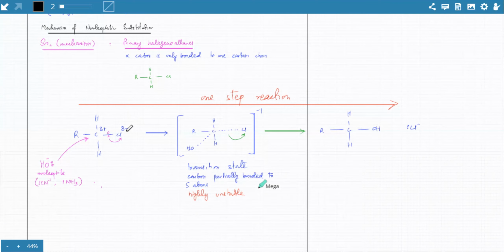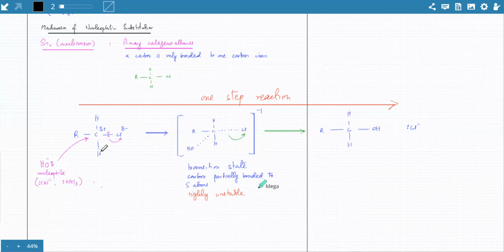The direction is not that important because the shape drawn here is not the actual shape of the molecule. It's a tetrahedral molecule; it doesn't look like this. The only thing you have to get right is that the OH minus one should always come from the opposite side.